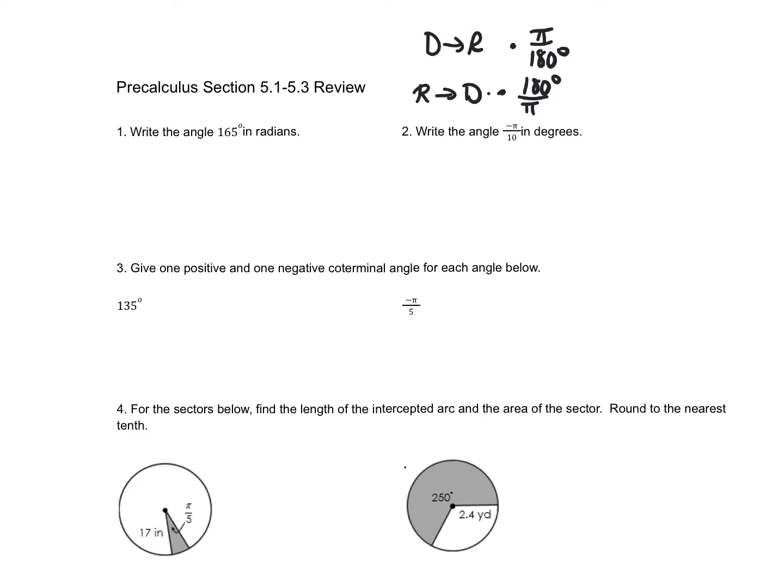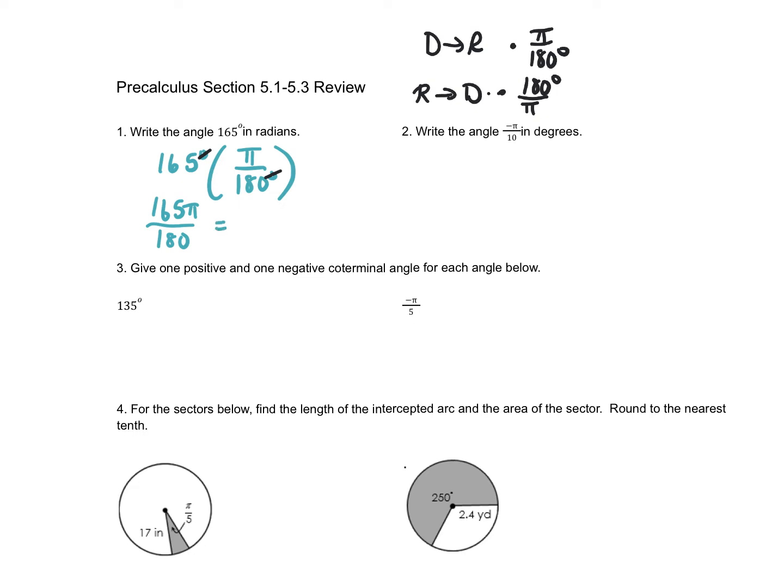In number one, we have the angle in degrees, because you see the degree symbol. So when we're changing it, we'll take 165 degrees times pi over 180. That will cancel my degree units and leave me in radians. If I multiply, I get 165 pi over 180.